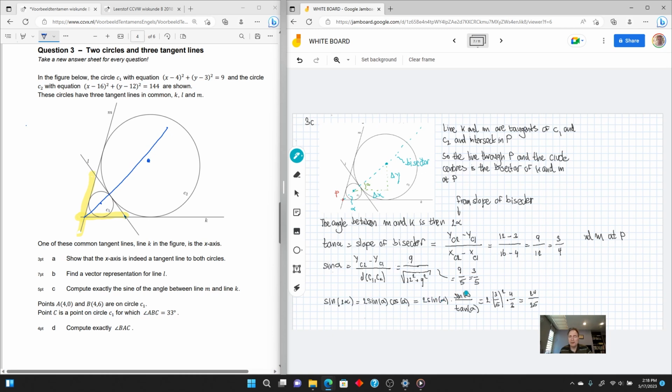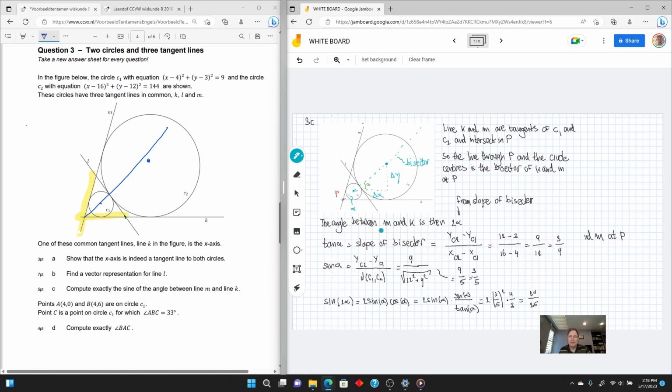But it's also 2 sine alpha times sine alpha divided by tangent alpha. And I know the tangent of alpha and the sine of alpha. Well, what's the sine of alpha? That's the opposite divided by the hypotenuse of the triangle here, which is 9, our delta y, over the length of this side, which is the square root of 12 squared plus 9 squared, using Pythagoras.